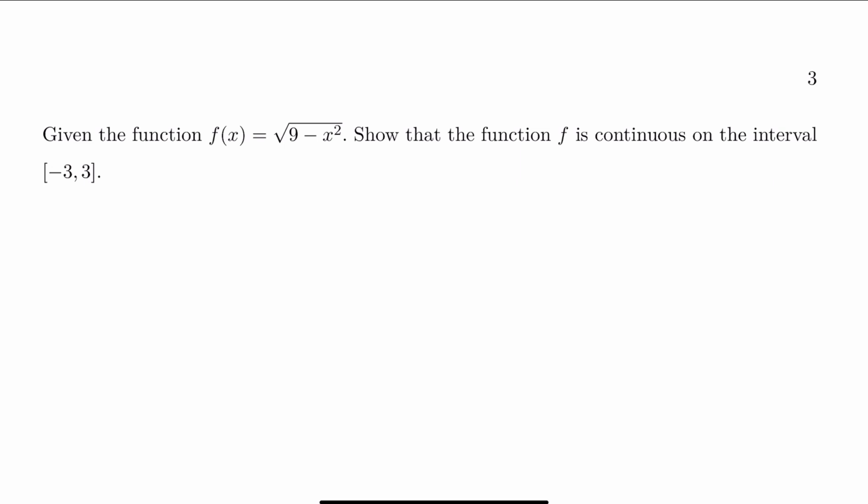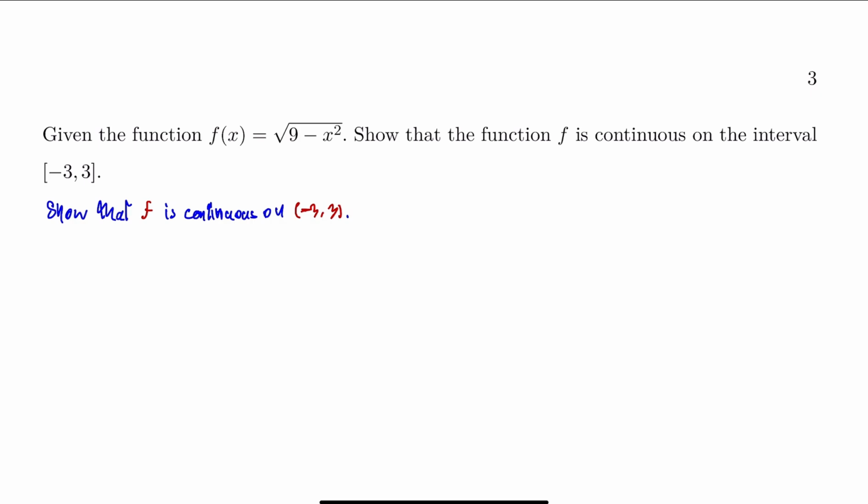So the first thing that I want to do is to show that function f is continuous on the open interval from -3 to 3.